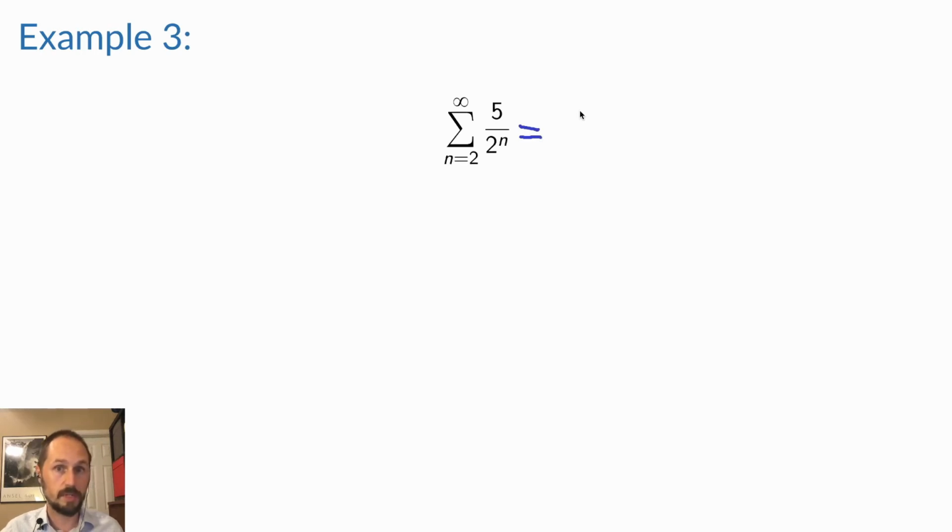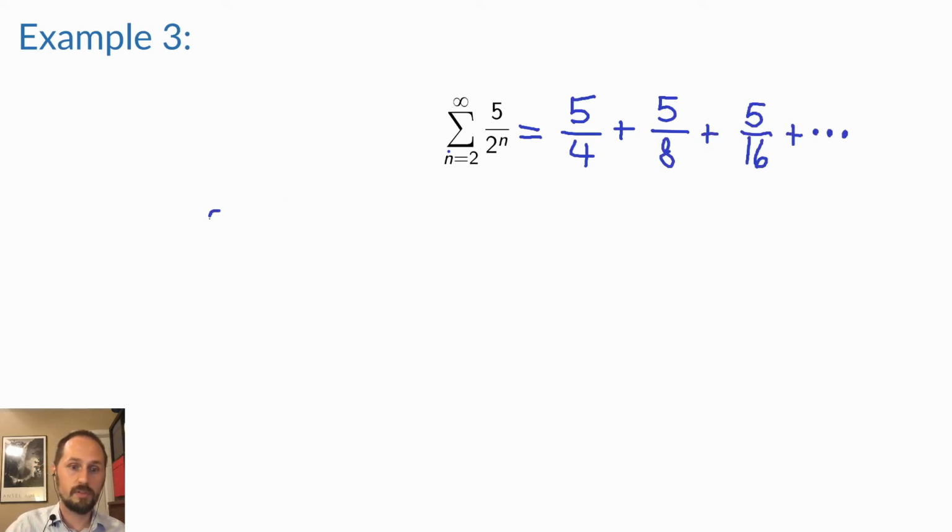This is my recommendation for how to approach this problem. So when we expand this, we start at n equals 2, so we get 5 over 2 squared. Right, so that's going to be 5 over 4. And then afterwards, we're going to get 5 over 8, and then 5 over 16, so on and so forth.